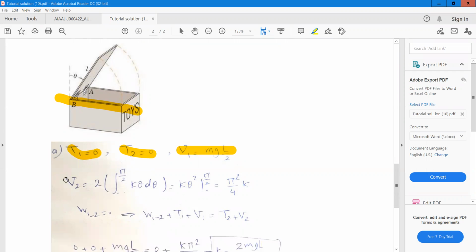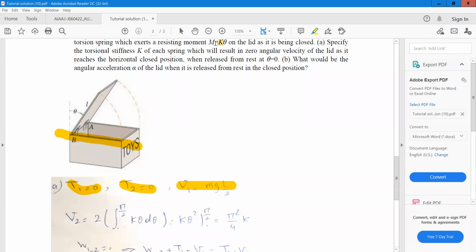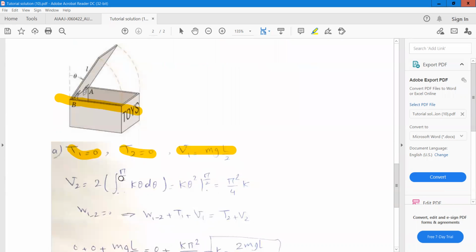V2, the final position potential energy, is the energy stored in the springs. We have two springs at A and B. Each of them exerts a moment of k theta. So the energy stored in the springs is equal to the integral of k theta d theta, from 0 to pi divided by 2, and we have a coefficient of 2 because we have two springs.